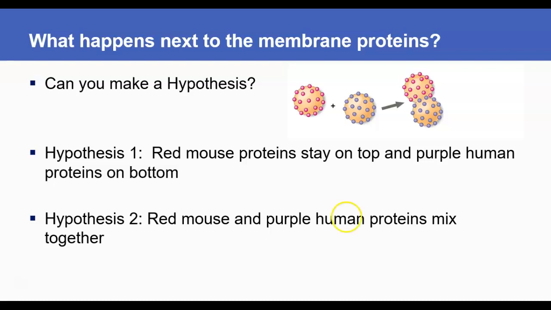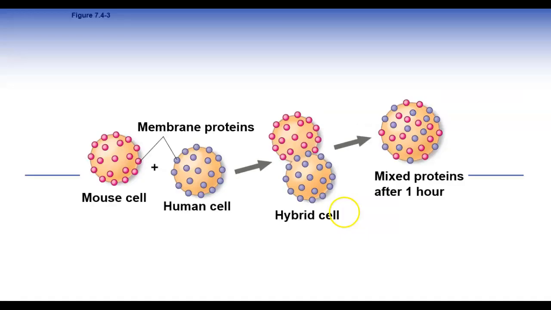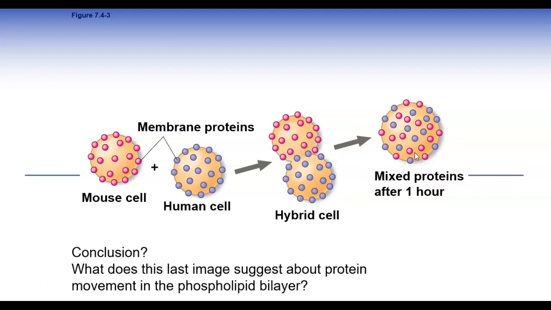So I could then take my hypothesis and do the experiment. I fuse the cells. I look, how are those proteins mixing after an hour? I can then make my conclusion. What does this mean? This means that those plasma membrane proteins are able to move.